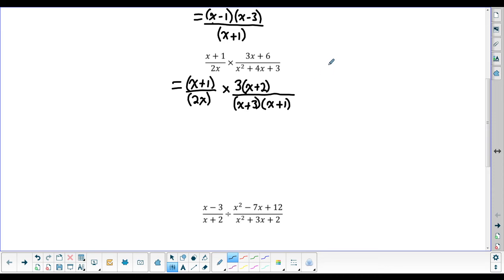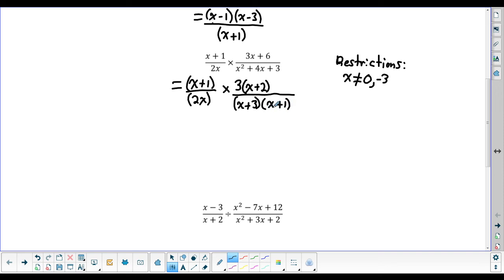And now we want to write our restrictions. Now that everything's factored, restrictions. So x cannot be, and let's start at the left here. So from this term, x can't be 0. From this bracket, x can't be -3.